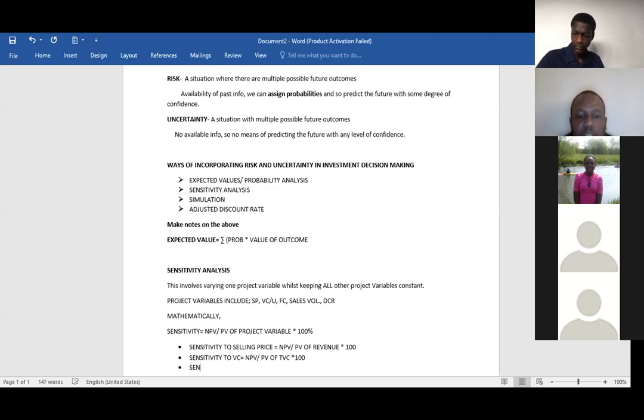Sensitivity to sales volume is equal to NPV divided by total contribution.